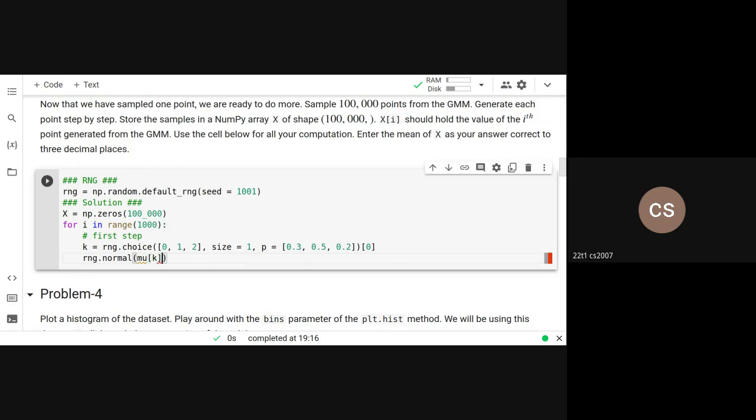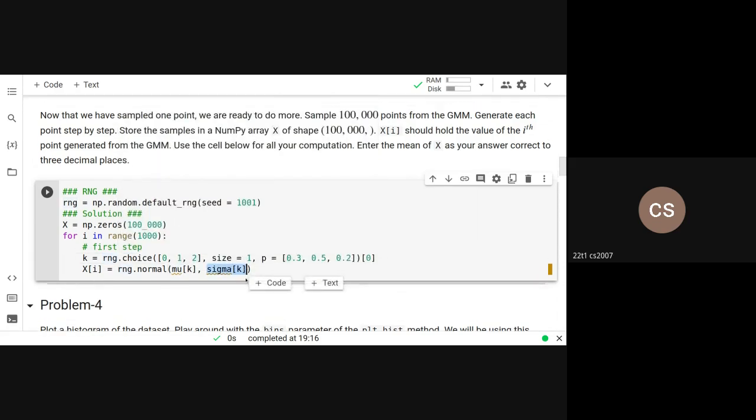mu of k, sigma of k. What I mean by mu of k is the mean of the kth mixture, sigma of k is the standard deviation of the kth mixture.